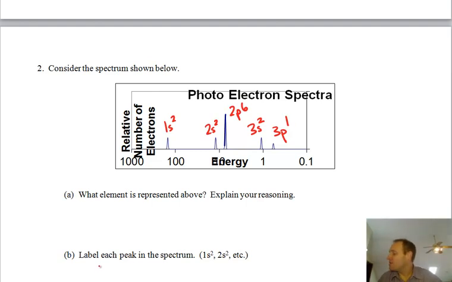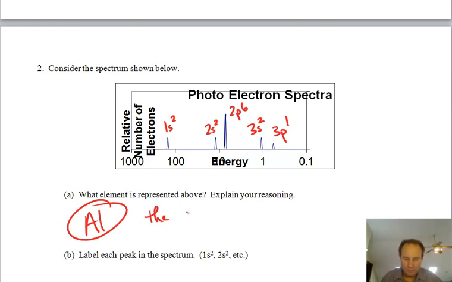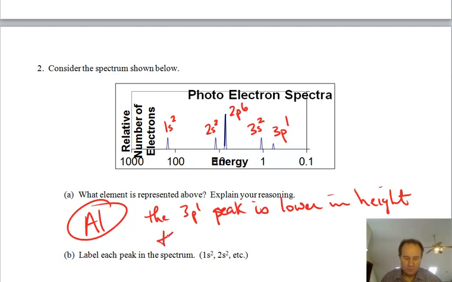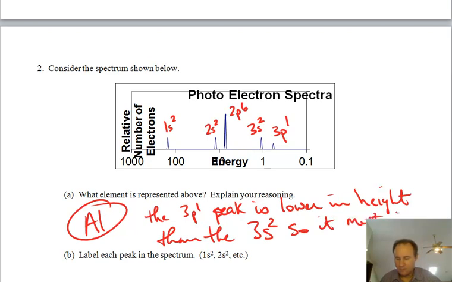And that would correspond, looking at my periodic table, okay?